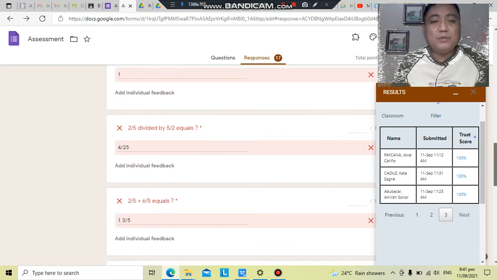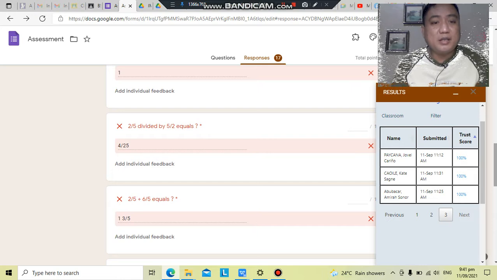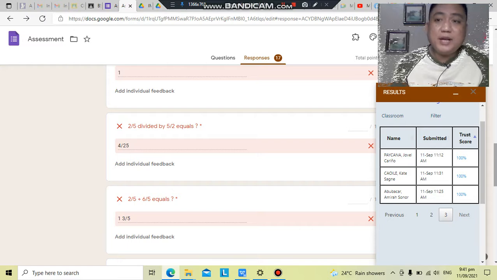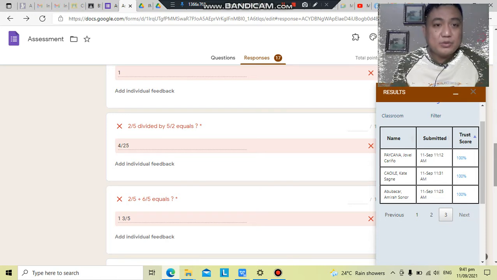How do we compute for the numbers from division po? You need to get the reciprocal of the second term, 2 over 5. Then proceed to multiplication po. Times 2 over 5.